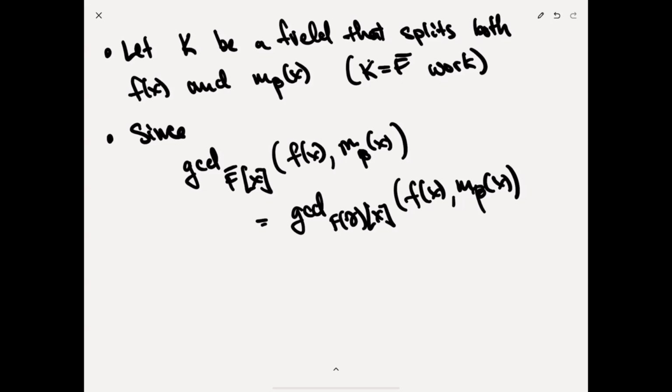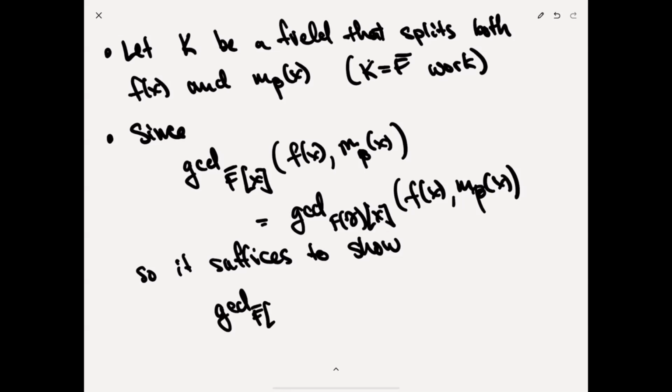And it suffices to show that the GCD of these over the algebraically closed field is x minus beta, as we wanted.